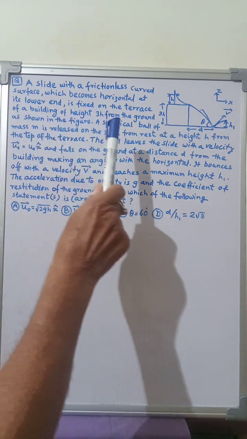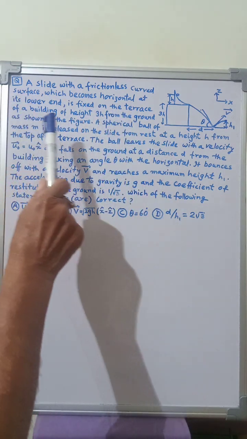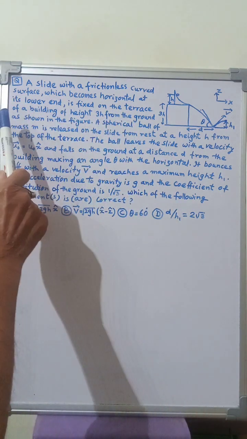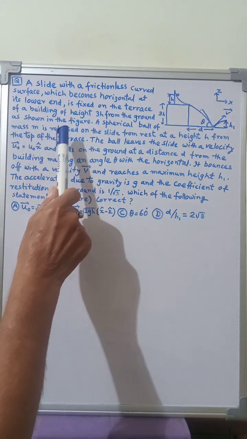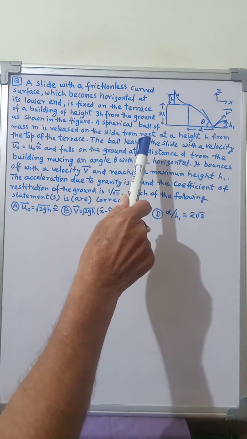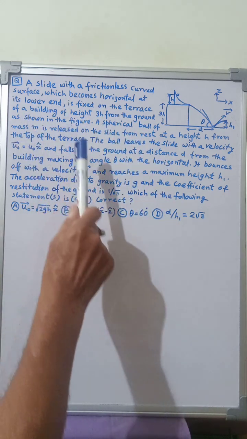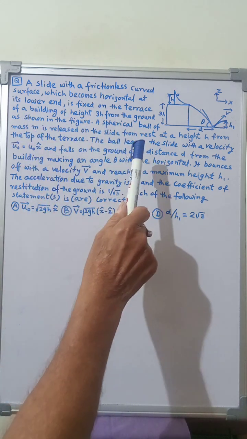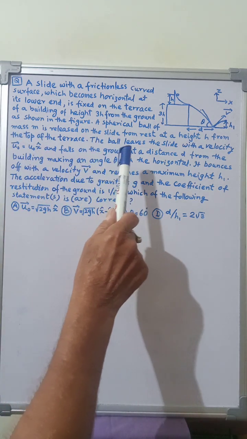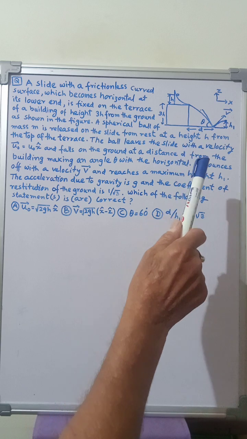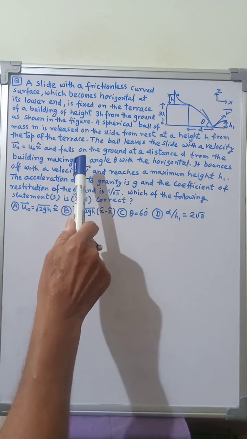A slide with a frictionless curved surface which becomes horizontal at its lower end is fixed on the terrace of a building of height 3h from the ground, as shown in the figure. A spherical ball of mass m is released on the slide from rest at a height h from the top of the terrace.